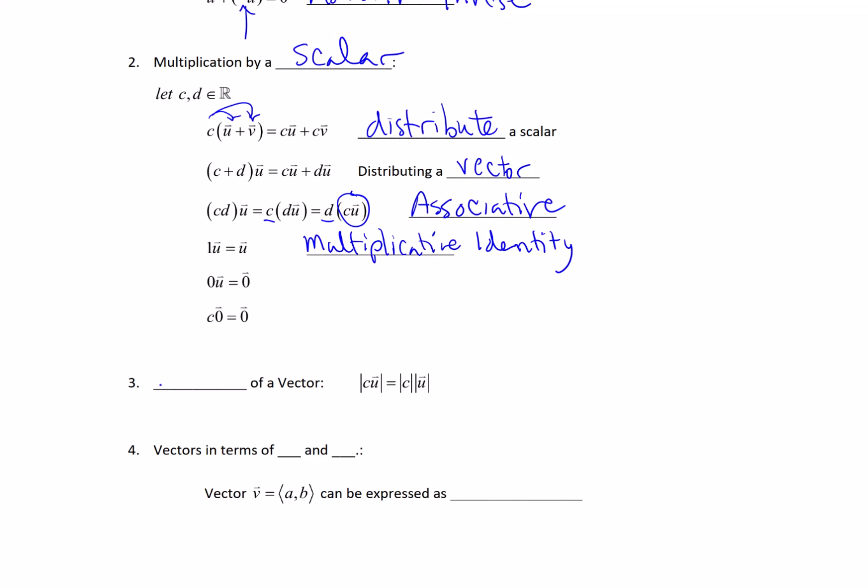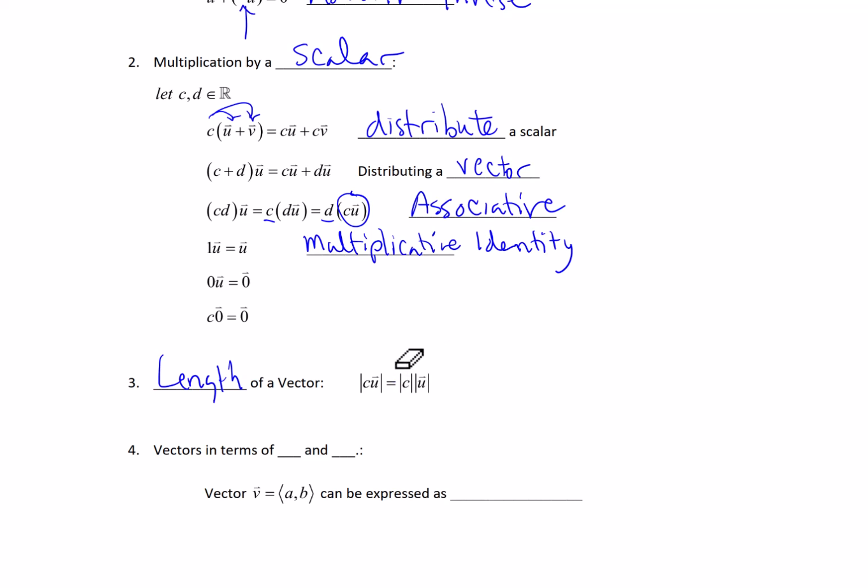Thirdly, when talking about the length of a vector, we could do the following. If we have the magnitude notation, so this again is like the absolute value symbols, but inside the absolute values we have c times vector u, c being a scalar, then it turns out that's the same thing as taking the absolute value of c, that scalar, and multiplying it by the magnitude of u, that vector.